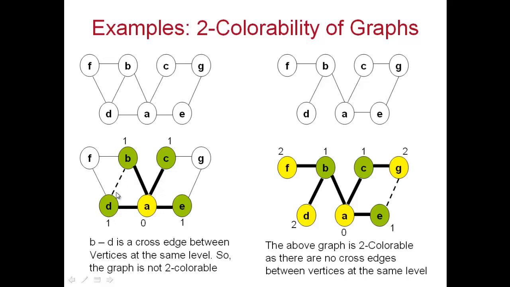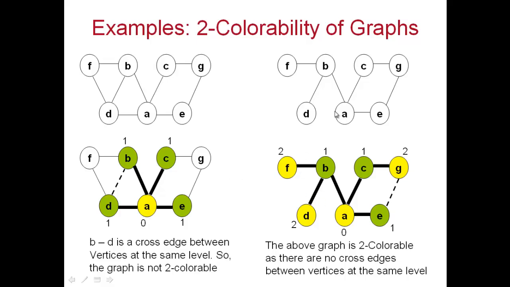So you can stop right there and say this is not a bipartite graph. So for smaller questions like that, the moment you encounter one cross edge between vertices at the same level, you can stop and say the graph is not bipartite. So you do the entire breadth first search only if everything goes fine as you do the iterations.